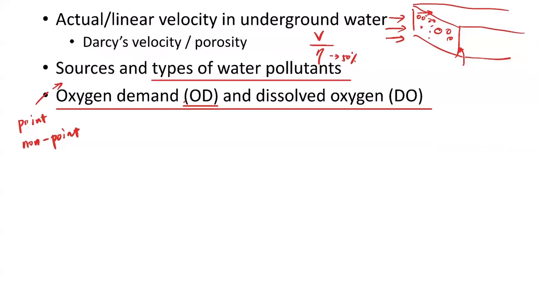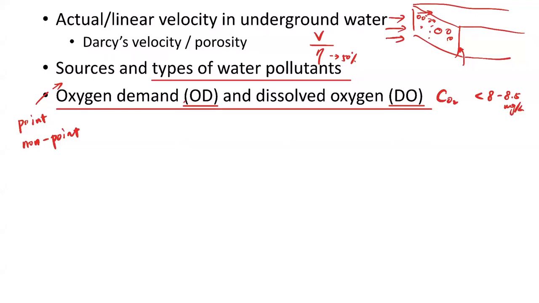But the dissolved oxygen is the concentration of oxygen in water, right? Under normal temperature and normal pressure, the dissolved oxygen has to be below 8 or 8.5 milligram per liter. This is the maximum amount of oxygen that's available in the water.